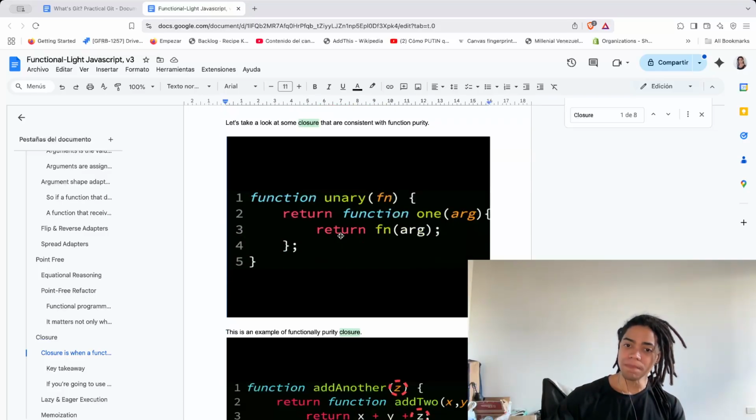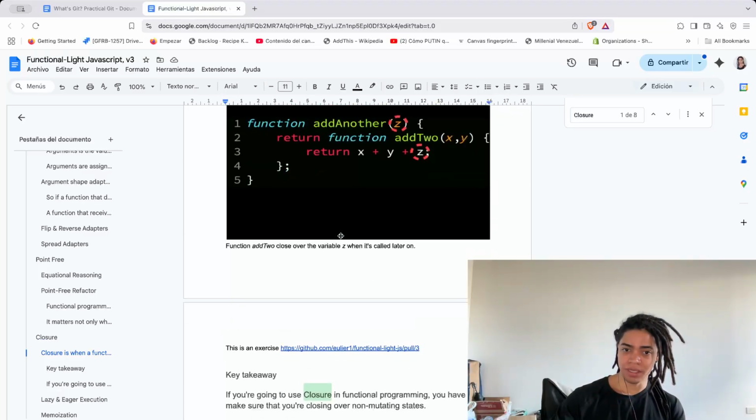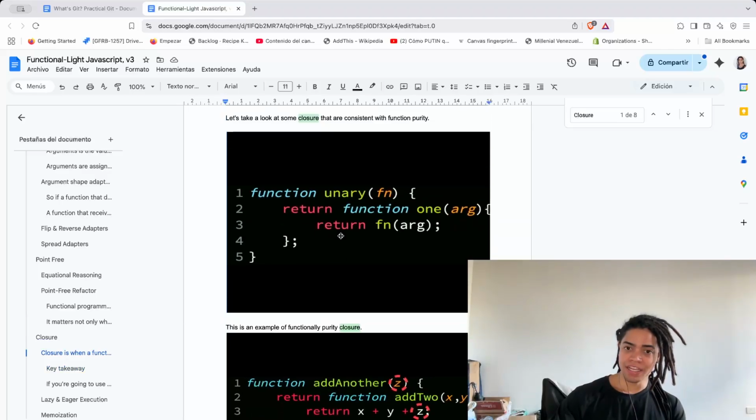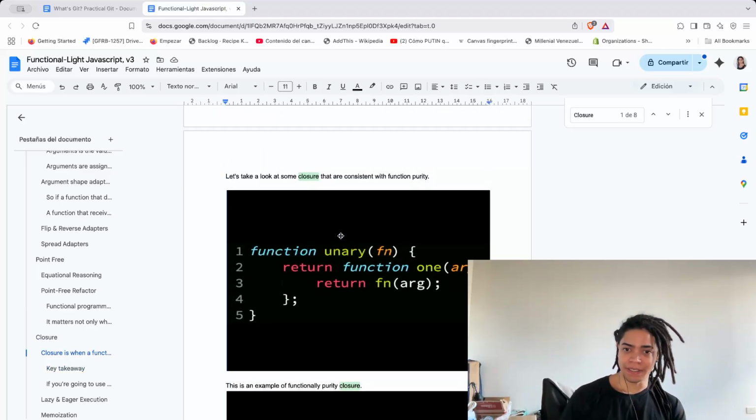However, how can we make our function pure? Well, by calling that function with the new argument, for example, like this. So unity is now a closure, a functional closure here.